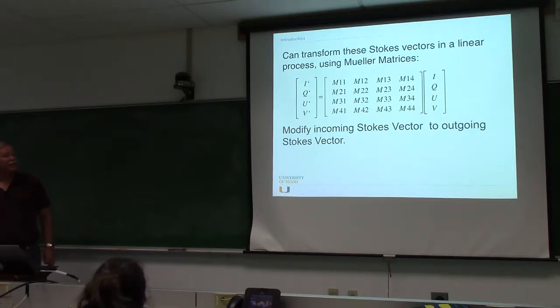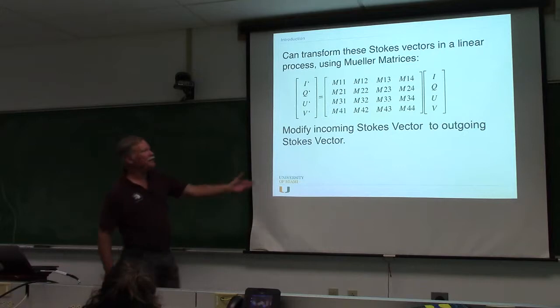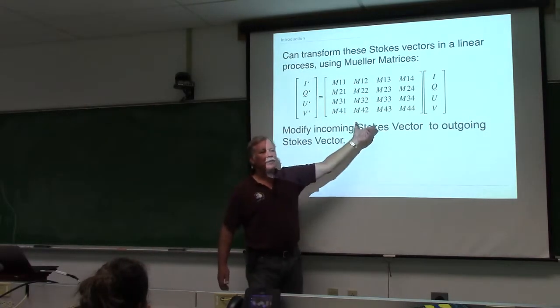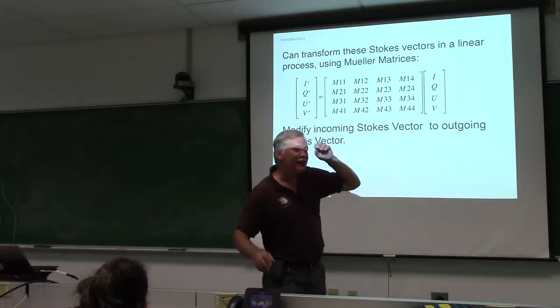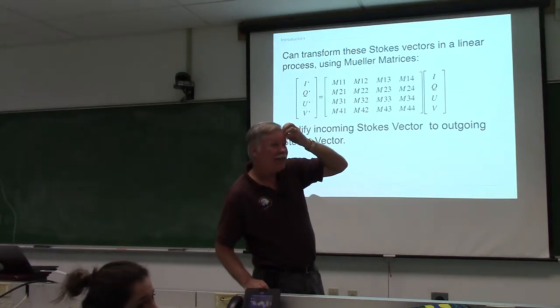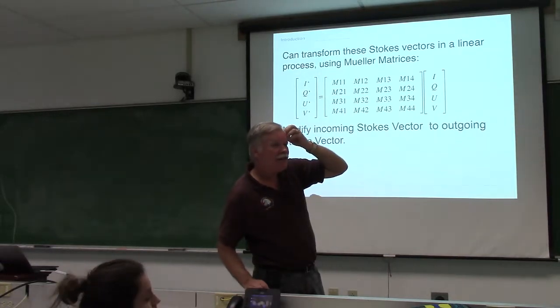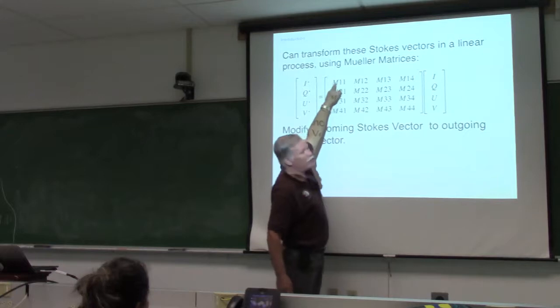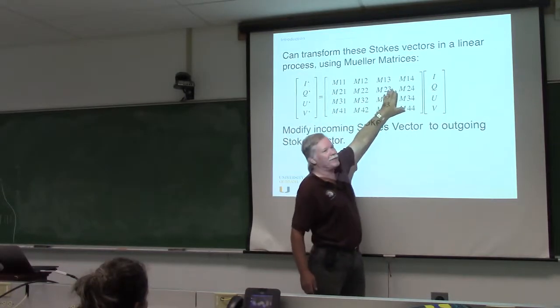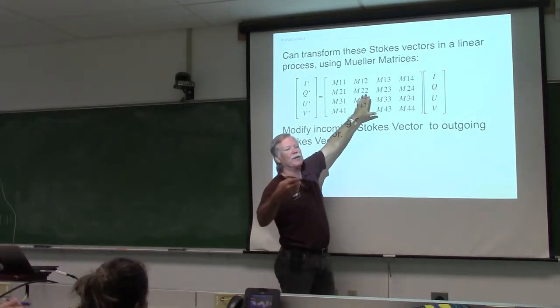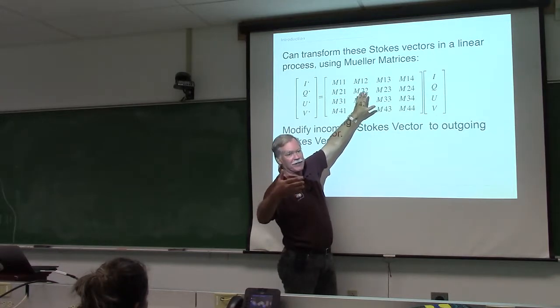Yes? So you're saying that if you know how the light comes in, like what its polarization is, and then multiply it by the Mueller matrix, that's about its scattering properties? The 1-1 element... the Mueller matrix describes how light is transformed in some sort of a linear process.